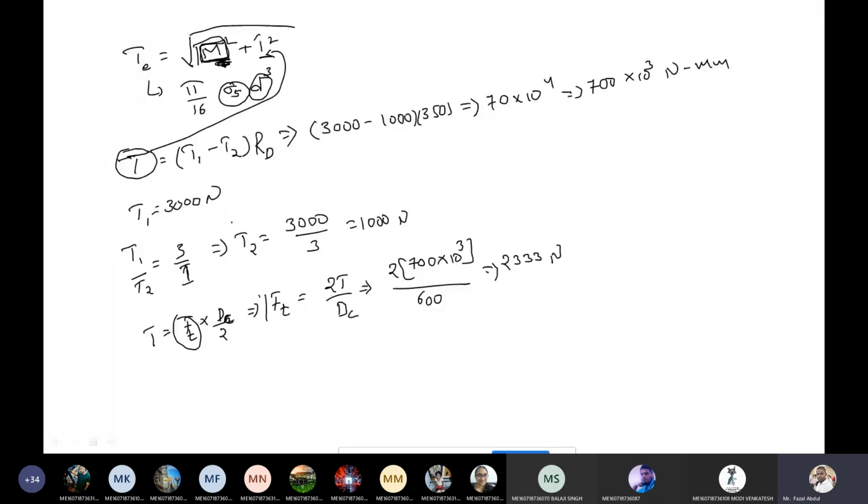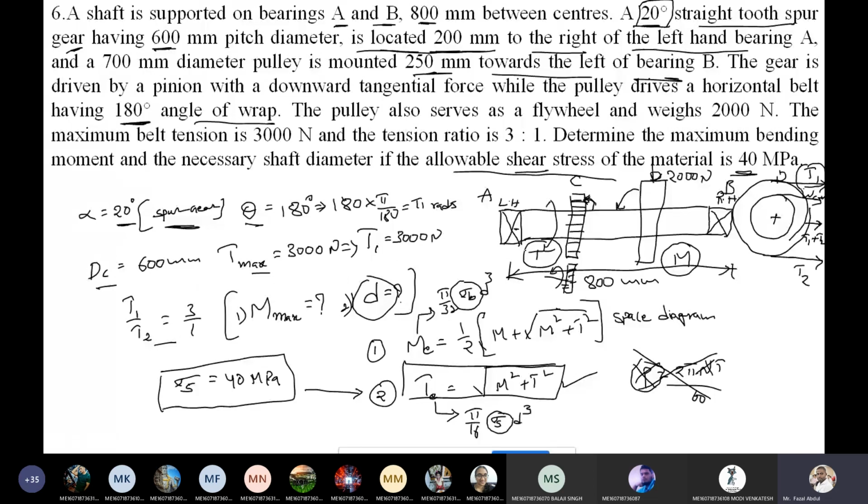Sir, why are you writing the tangential force? Because see the diagram. Whatever torque is transmitted to the gear is again attached to another gear. So a gear always transmits power with the help of tangential force.